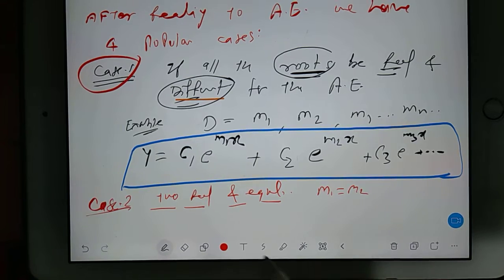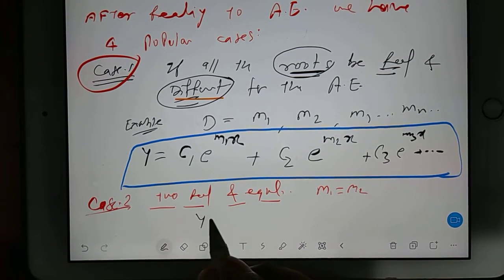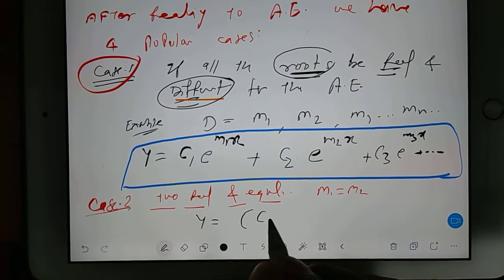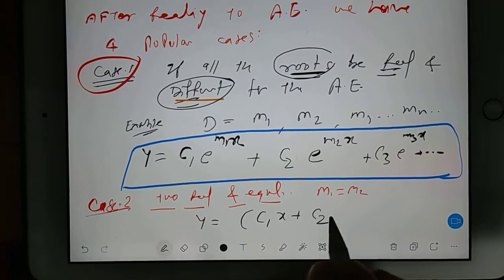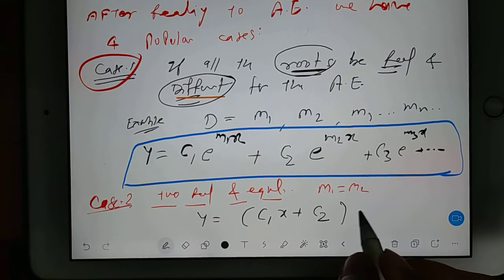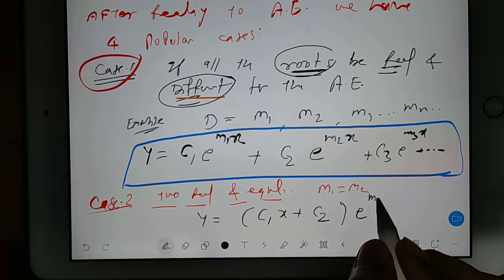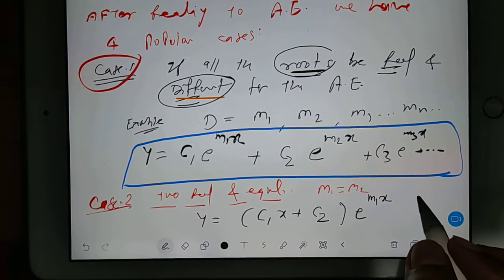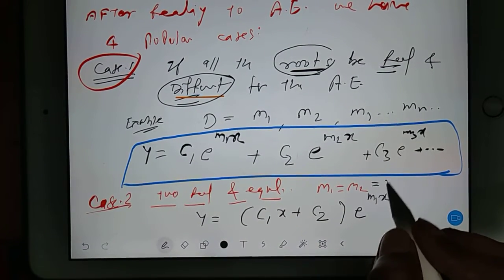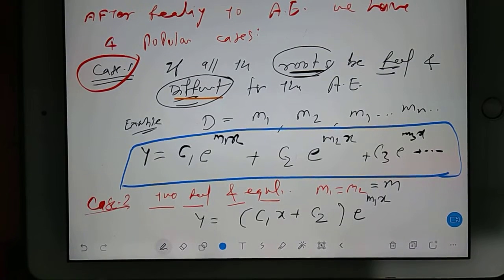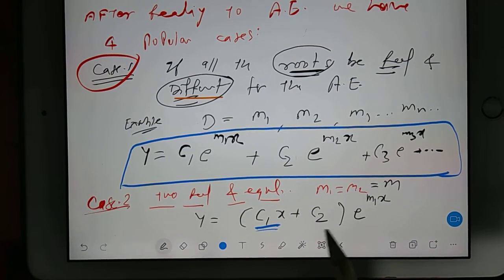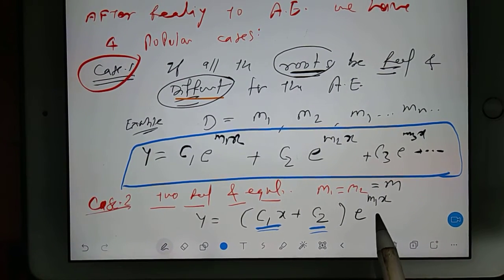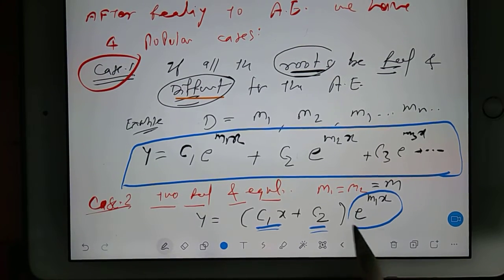In that case, you should remember the solution like this: y will look like (c1 x plus c2) e power m1 x, because m1 and m2 are the same, so you can simply say m. This c1 is with x but c2 is without x, and e power m1x is coming.